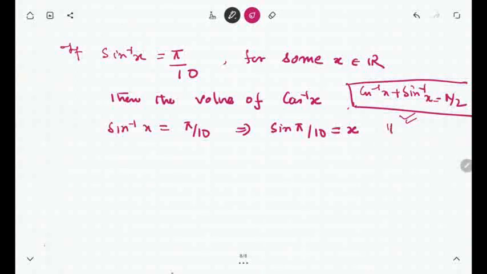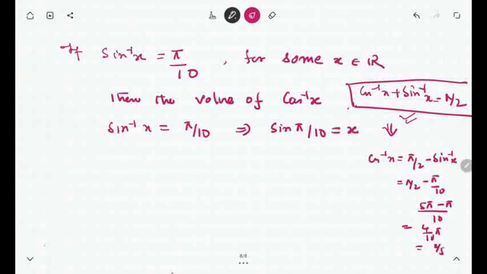Cos inverse x is equal to pi by 2 minus sine inverse x, which is pi by 2 minus pi by 10, that is 5 pi minus pi over 10, which is 4 by 10 pi, or 2 by 5 pi. This is the answer we have got. Now, without using this, how can we find it?